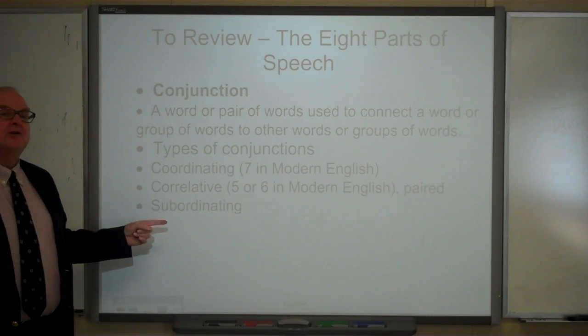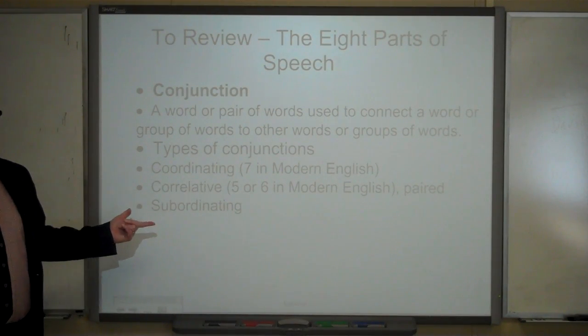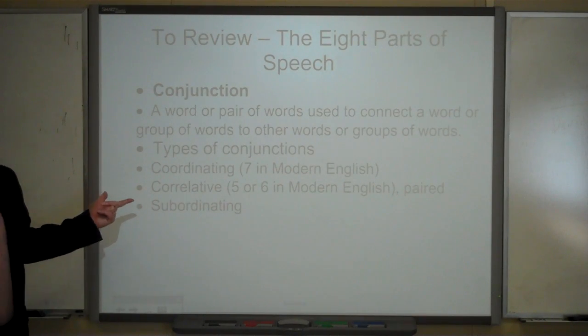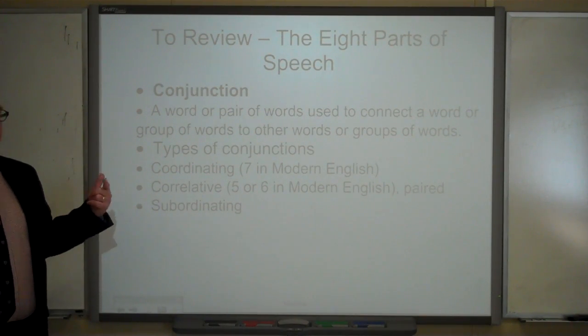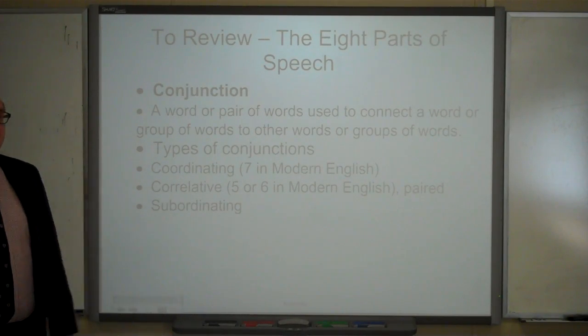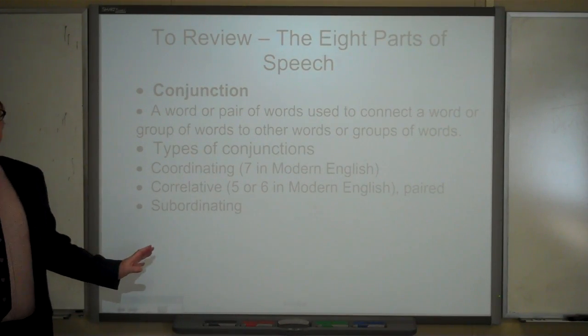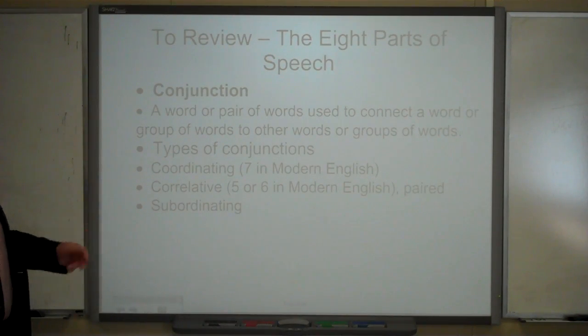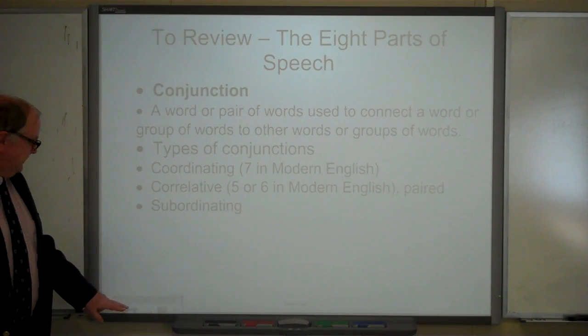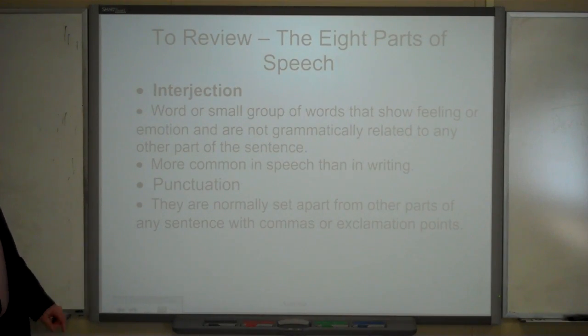And then subordinating conjunctions are conjunctions that introduce subordinate clauses, include words like although, and since, and after. And a lot of times it's helpful to notice a list of those that are in your textbook or posted online.